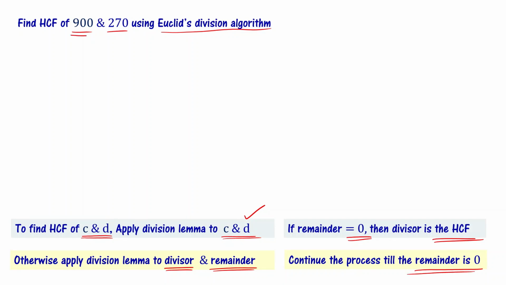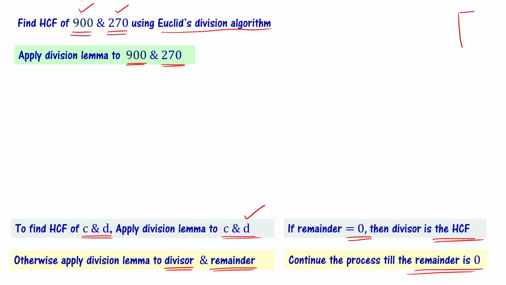మన దగ్గర two numbers ఉన్నాయి, 900 and 270. 900 is greater than 270. Right? అంటే this is going to be my dividend and this is going to be divisor, right? Let's apply division lemma to these two numbers. Now let me divide 900 with 270. 3 times 270 is 810, right?